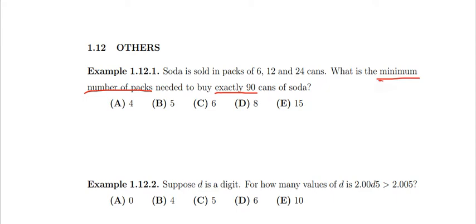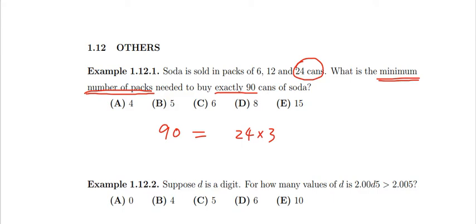So we make this number of packs as small as possible. So then we just use the big one as much as possible, right? So for 90, we use 24 multiplied by 3, at most multiplied by 3.